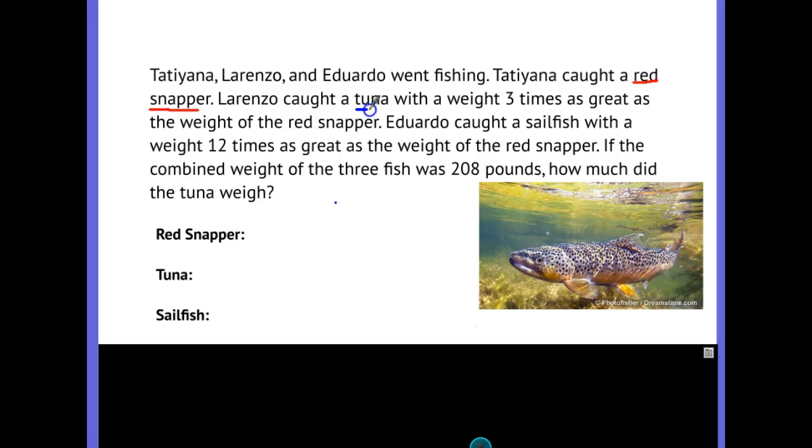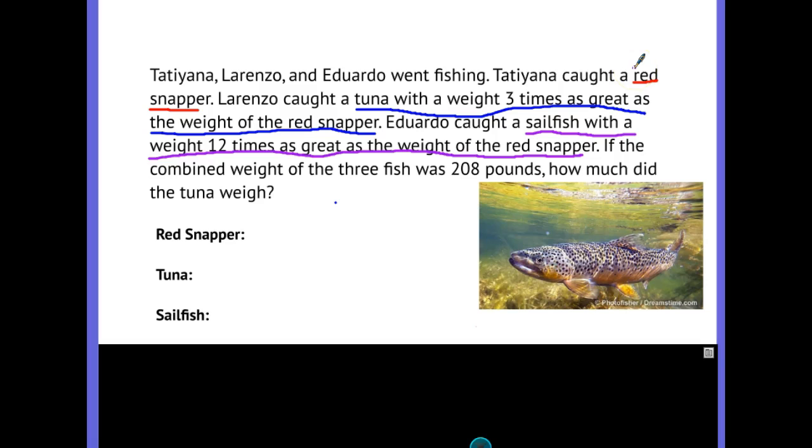Well, all it tells us is the tuna weighed 3 times more than the red snapper. Okay, so we know a little bit more about the tuna. And then we also have the sailfish. That's our third category. And how much did the sailfish weigh? Well, it weighed 12 times more than the red snapper.